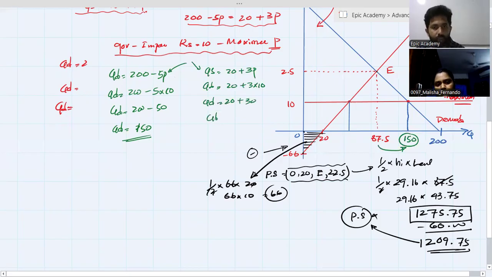So then QS must be 50. So this value is 50. After imposing the maximum price, the quantity of supply reduced from 87.5 to 50. Now you can identify the positive relationship between price and supply. Okay.